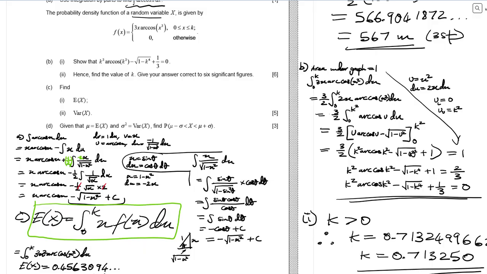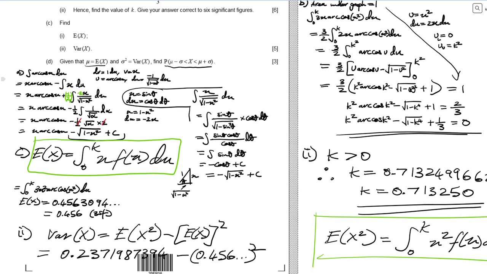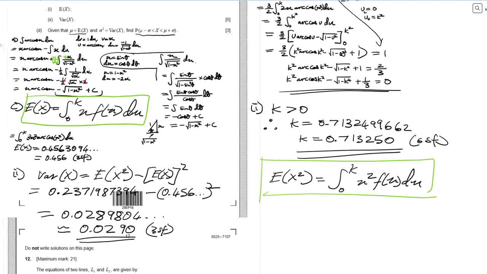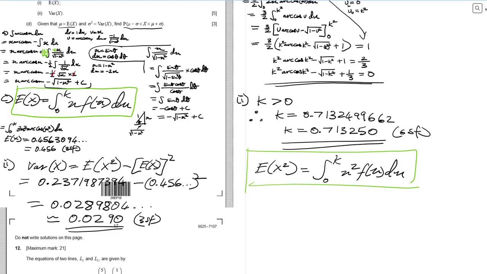So now we have D. Given that our average is equal to our expected value and our variance is that, find our probability of, okay, now what does that mean is what we have to understand. First, let's find our standard deviation, right?